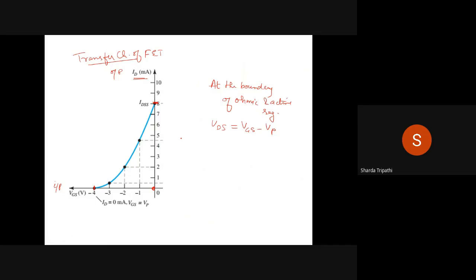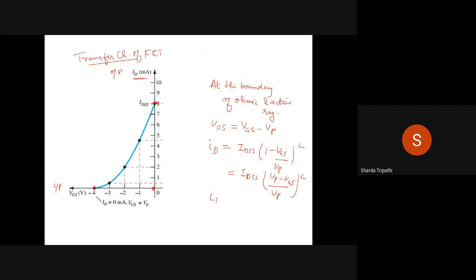So correspondingly, if I want to see what will be the drain current at the boundary, then this we know that this is given by IDSS into (1 minus VGS by VP) whole square. So if you substitute this, this becomes IDSS into ((VP minus VGS) divided by VP) whole square.